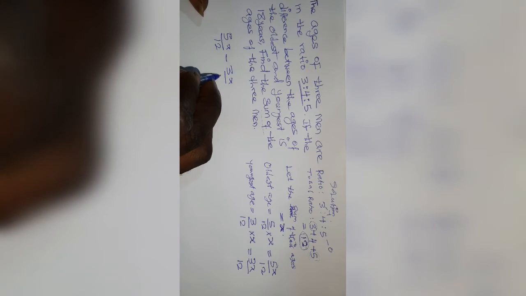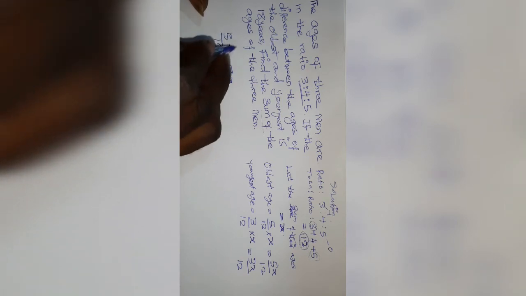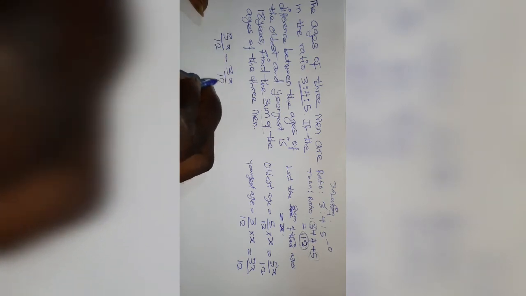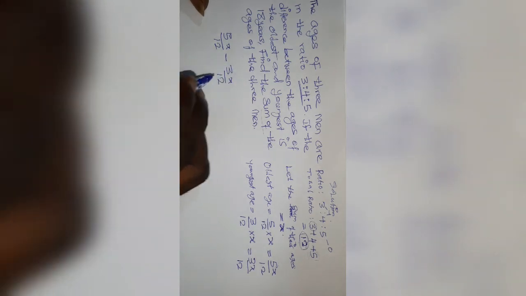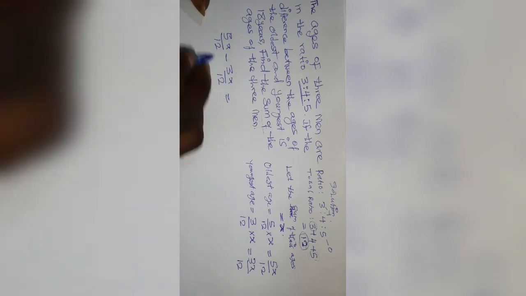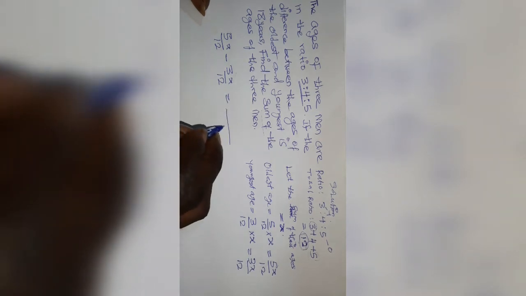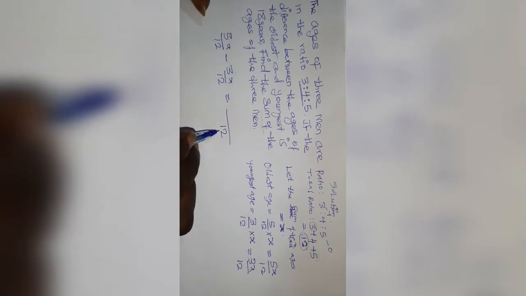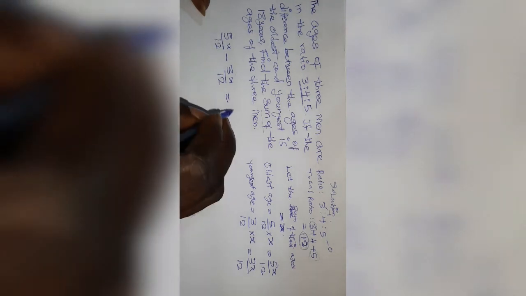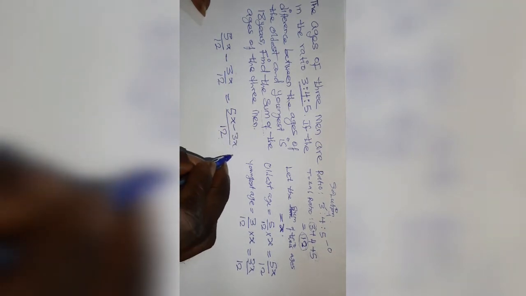Don't forget, the first is the age of the oldest, while the second is the age of the youngest. Now we can find the LCM. They have a common denominator, 12. 12 in 12 is 1 times 5x, that is 5x, then minus 12 in 12, 1 times 3x, we have 3x.